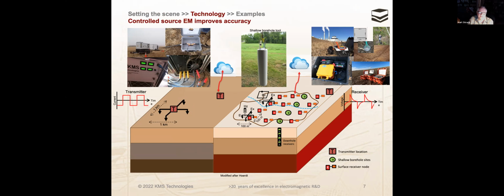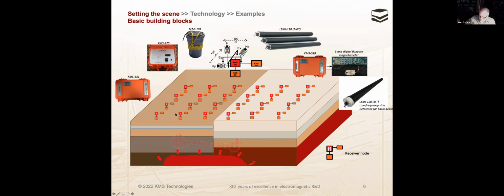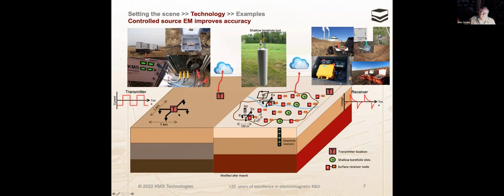Then we are talking about more hydrocarbon applications for monitoring in this case. And we always use a cross dipole, and we operate both dipoles sequentially, and the data from the transmitter goes into the cloud so that we can look at it.